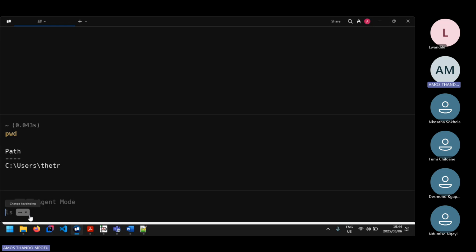If I was using a Linux or Unix-based operating system like a MacBook or macOS, you're going to type ls. That stands for list, to list everything. But since I'm on Windows, we use dir, which is short for directory. In short, it means print what's currently in this directory that I'm in. Then you say dir and press enter.